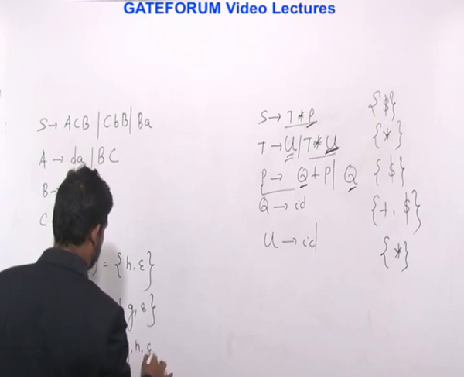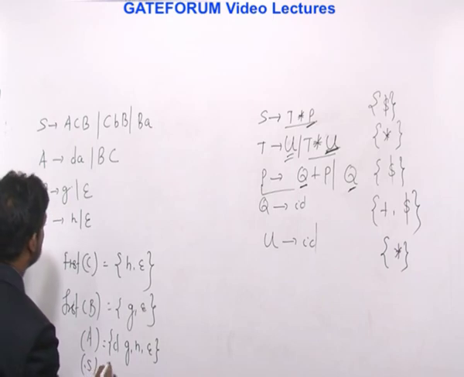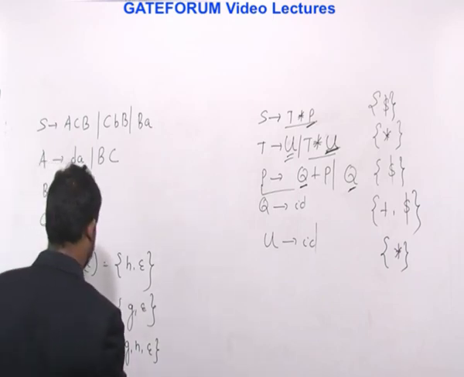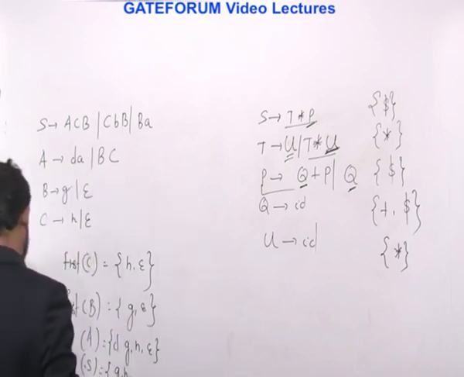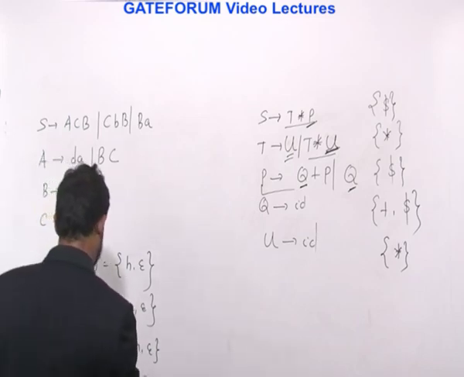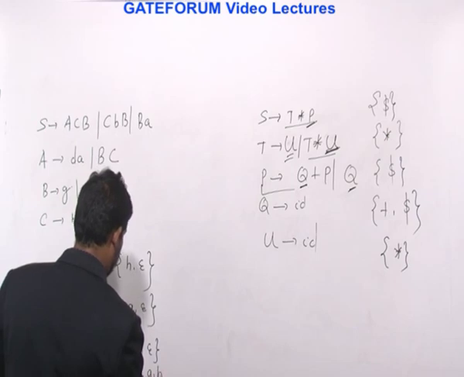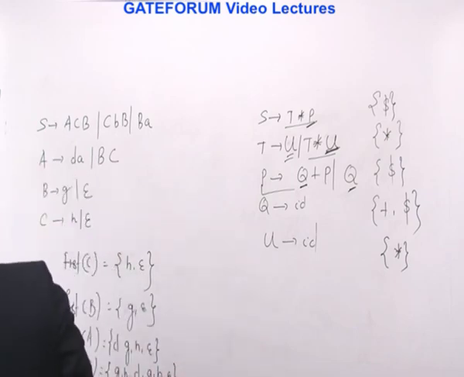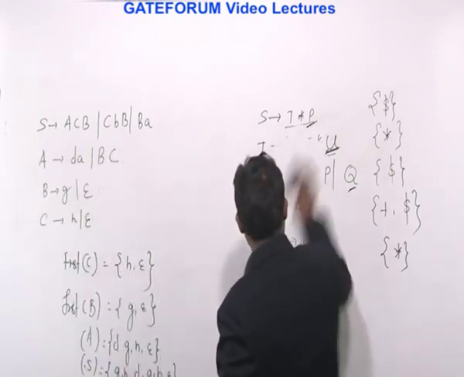First of S will be equal to G, H, D, A, B, and epsilon. I have just written these symbols over here so that no repeated calculation is required, and I can only focus on the follow symbol.